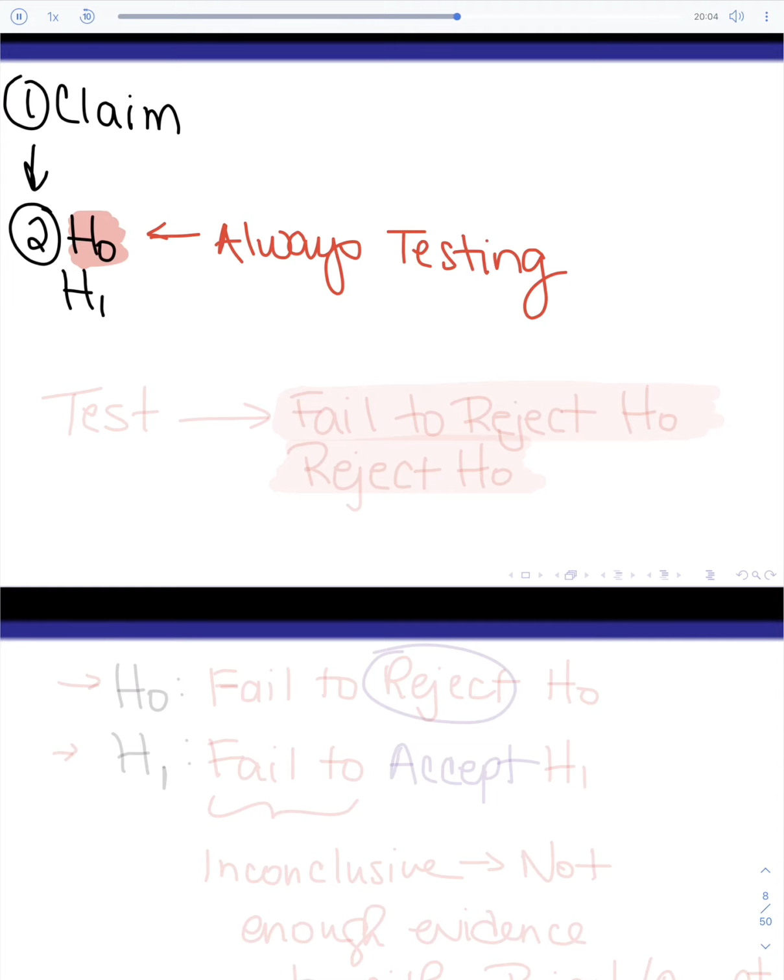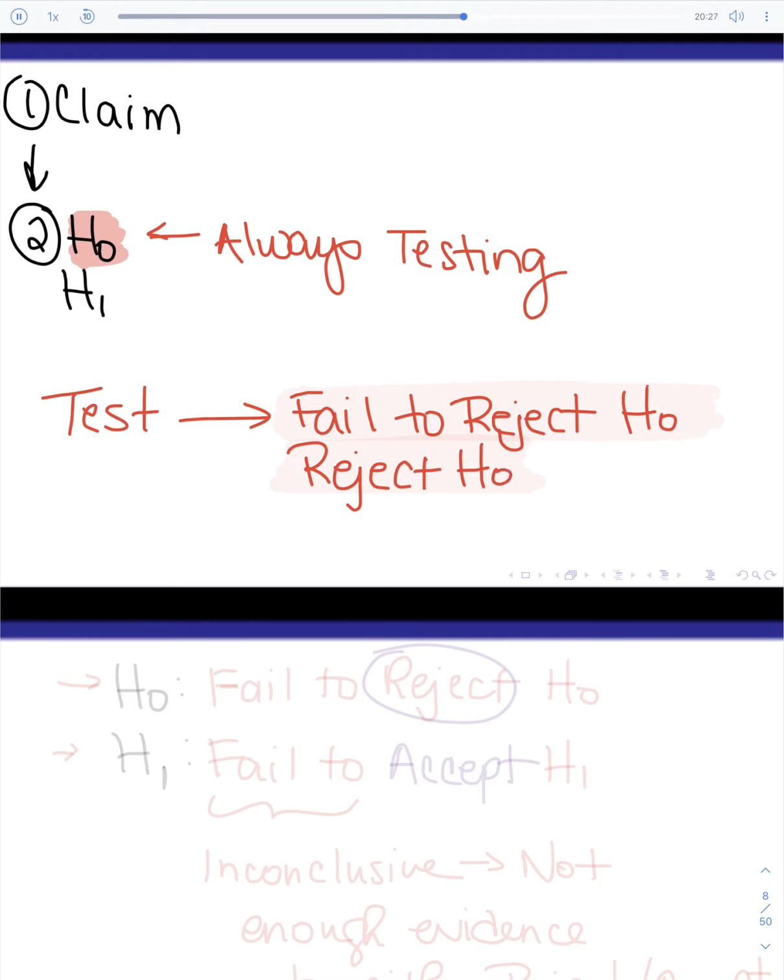Once we've done our test, there are two options for the test. Either we'll fail to reject H naught, or we'll actually reject H naught.